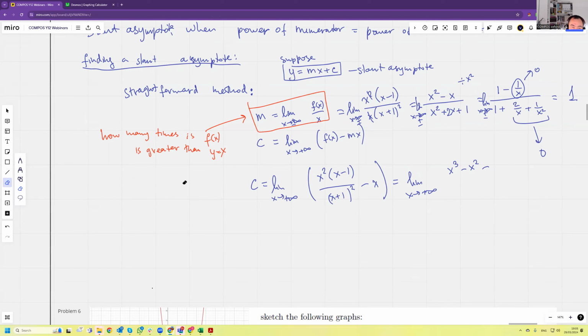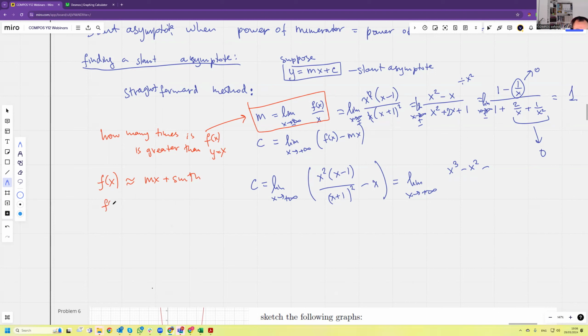Or you could say, if y equals mx, m is the gradient of the asymptote. So you can say that f of x is approximately mx plus something, right?